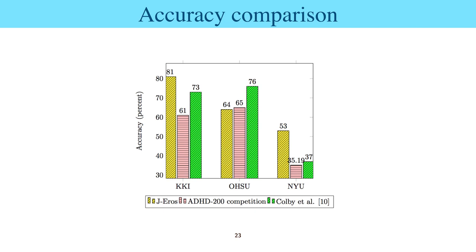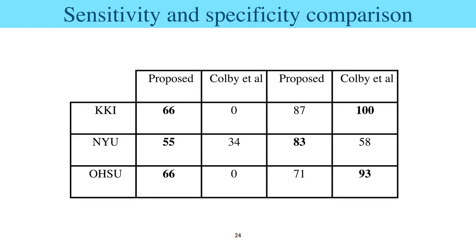And they also used Eslami as one of their methods for classification. And as you can see, for 2 data sets, KKI and NYU, we got better results than the 2 other approaches. For 1 data set, we got comparable results with the ADHD Competition, but our result is lower than Colby's technique.